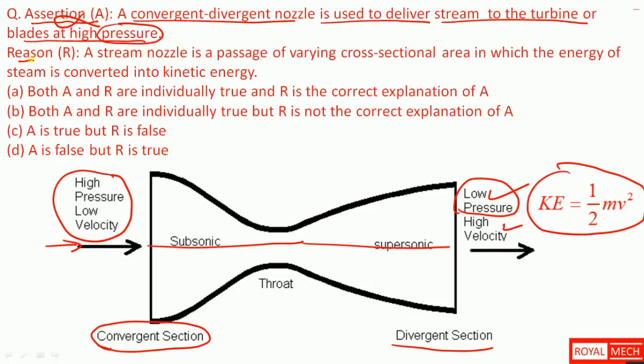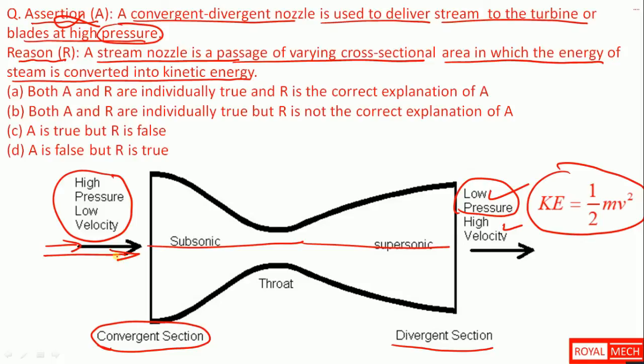And reason R is a steam nozzle is a passage of varying cross-sectional area in which the energy of steam is converted into kinetic energy. Yes, the high pressure and low velocity steam enters and it will be converted into kinetic energy, that is low pressure and high velocity. So that gives reason R is correct. So this confirms assertion A is wrong, reason R is correct.